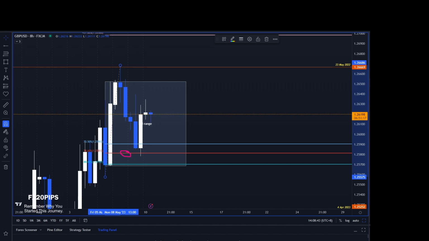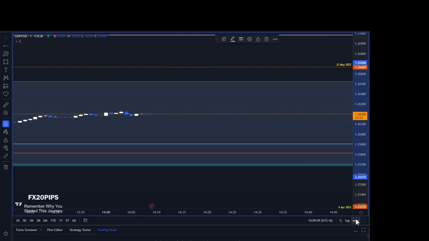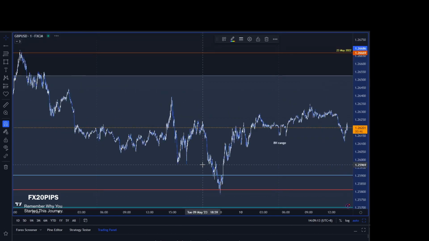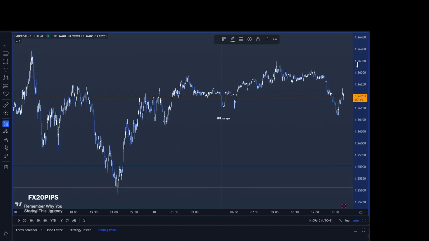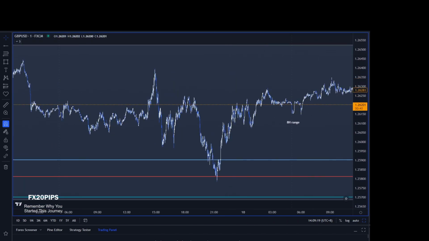You remember yesterday? So let's go to the 1 minute time frame. Okay. So we are in the 1 minute time frame. This is the 8 hours zone box.